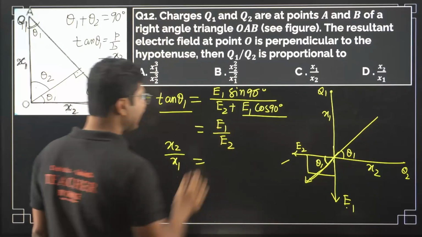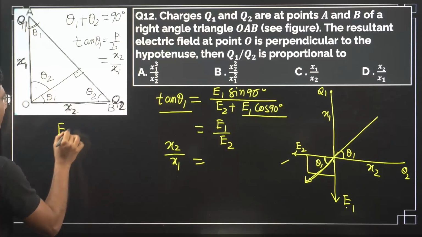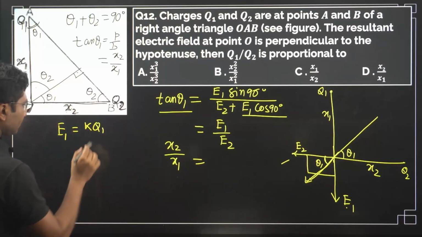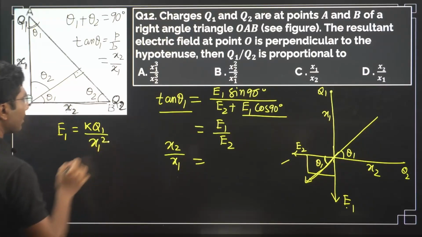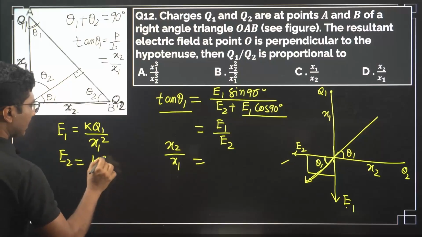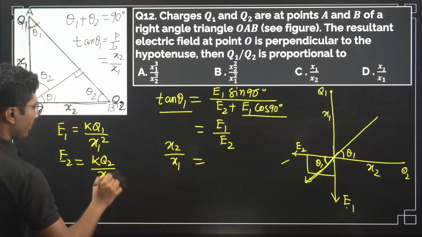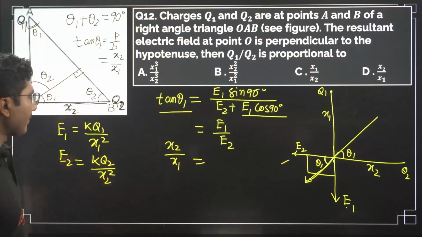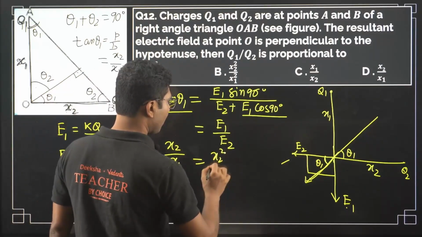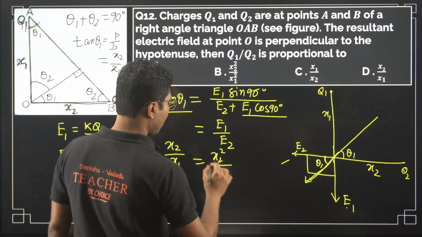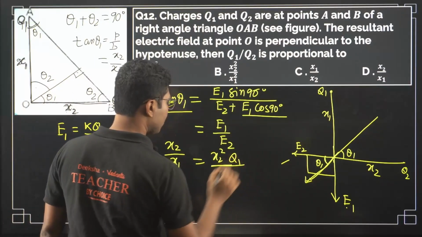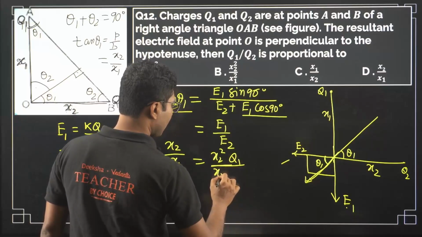Now what is E1? E1 is k q1 by x1 square, and E2 is k q2 by x2 square. So we put that value over here, and what will we get? We will get x2 square by x1 square q2.